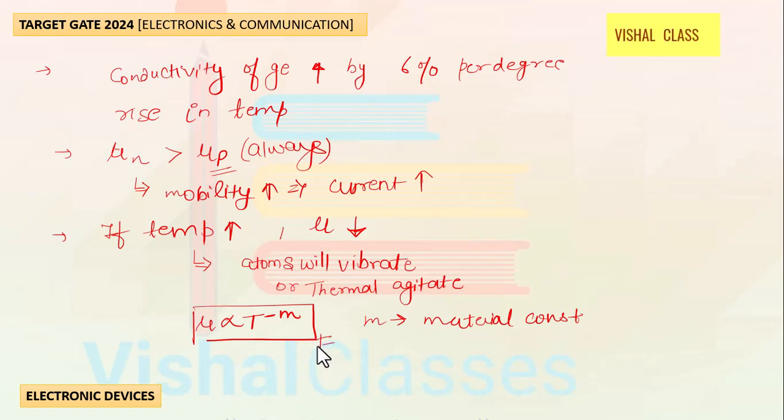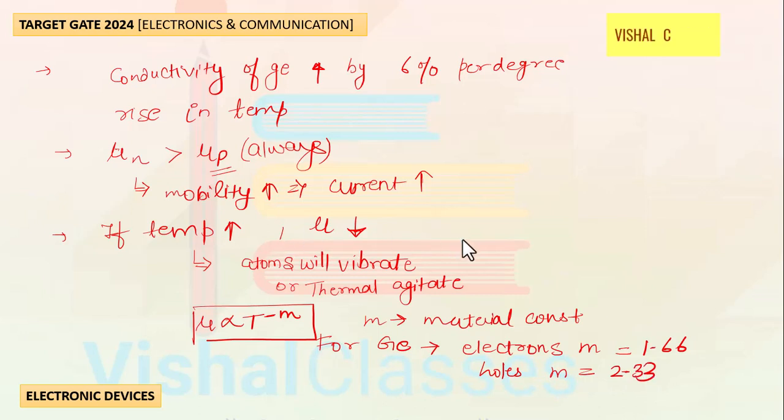For germanium, in case of electrons, the m value is 1.66, and in case of holes, the m value is 2.33.